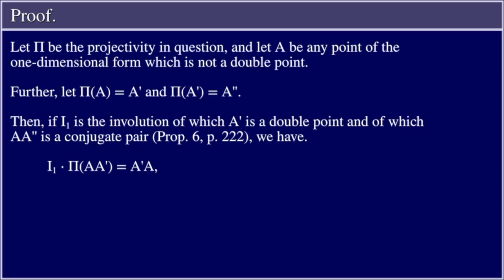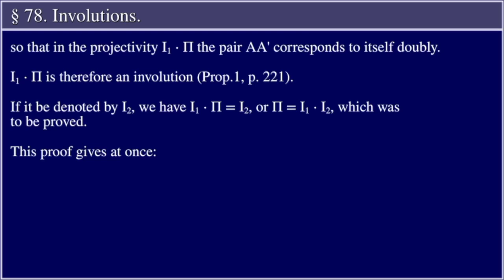Then, if ι₁ is the involution of which A' is a double point, and of which A A'' is a conjugate pair, Proposition 6, page 222, we have ι₁·π(A') equals A'A. So that in the projectivity ι₁·π, the pair A' corresponds to itself doubly. ι₁·π is therefore an involution.